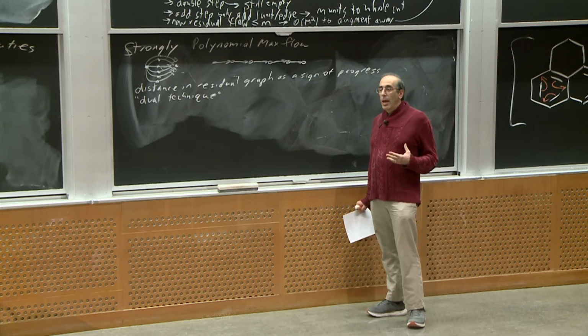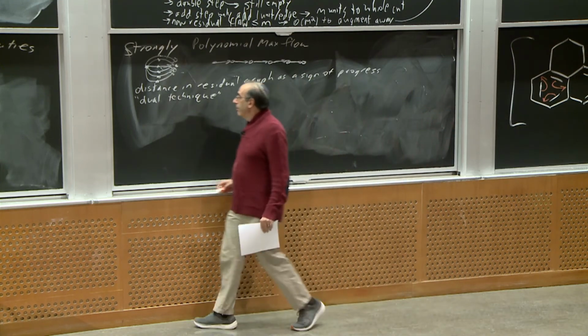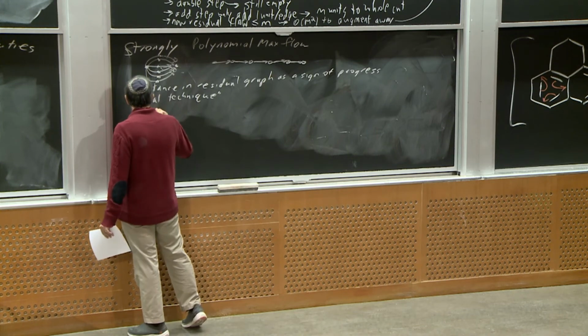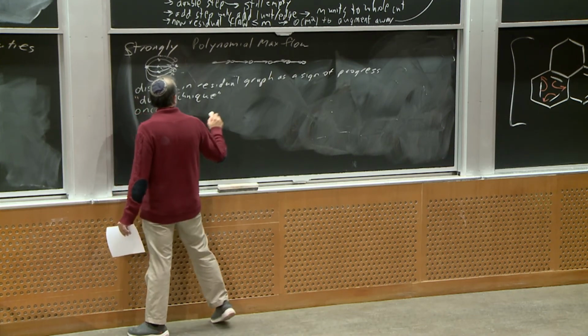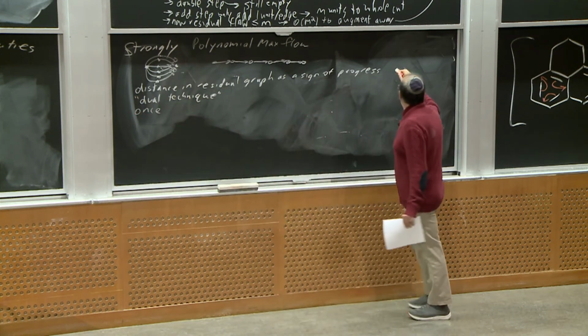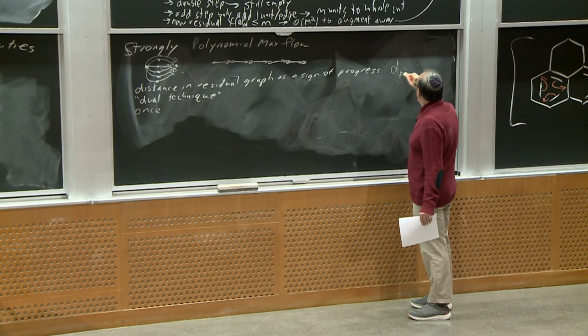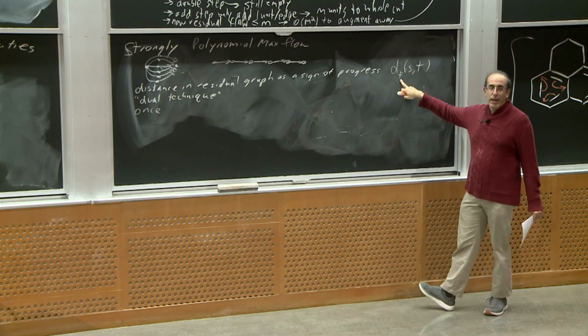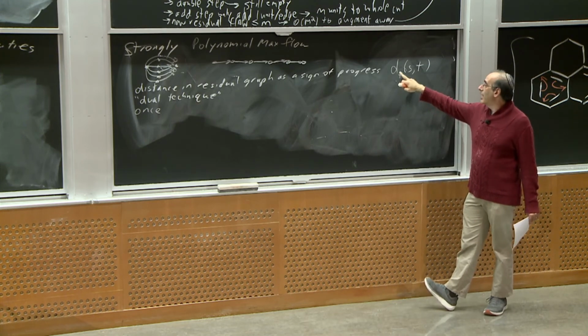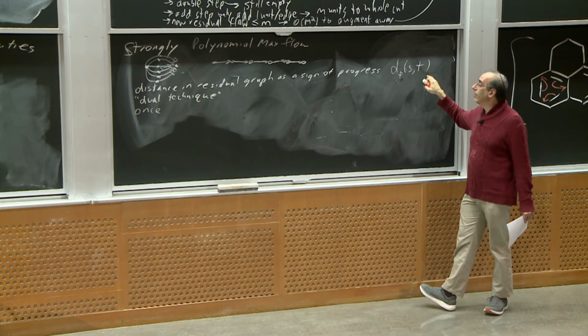And in fact, I can represent this by a distance function. I can subscript it by f, the flow that I found, to say that I'm looking at distance in the residual graph.